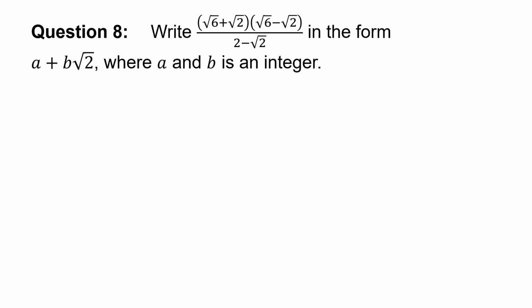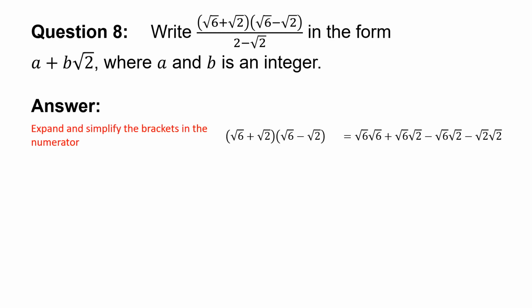So how do we go about answering this one? Well, let's start with the brackets. So we have root 6 plus root 2 times root 6 minus root 2. A good place to start would be to work out the value of this. So expanding this bracket, we get root 6 root 6, and then plus root 6 root 2, and then minus root 6 root 2, and then minus root 2 root 2.